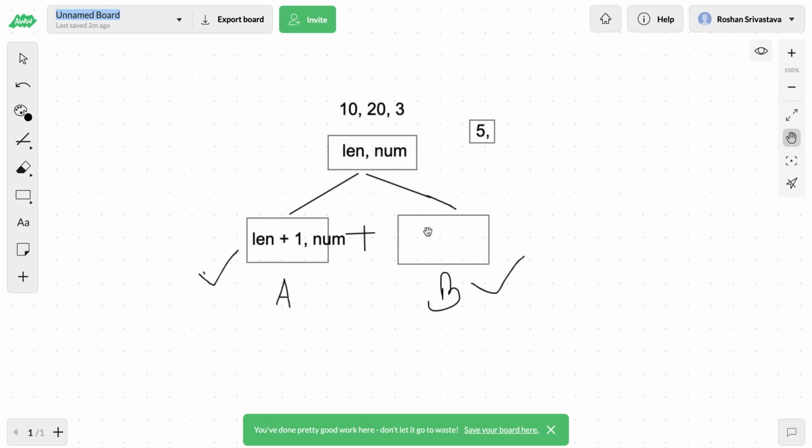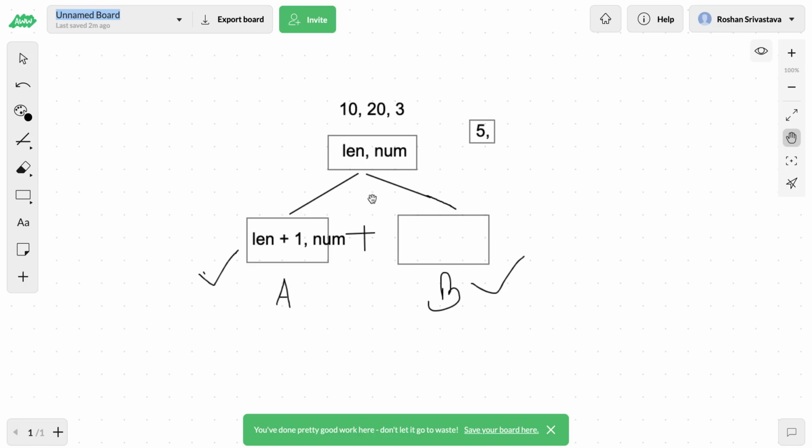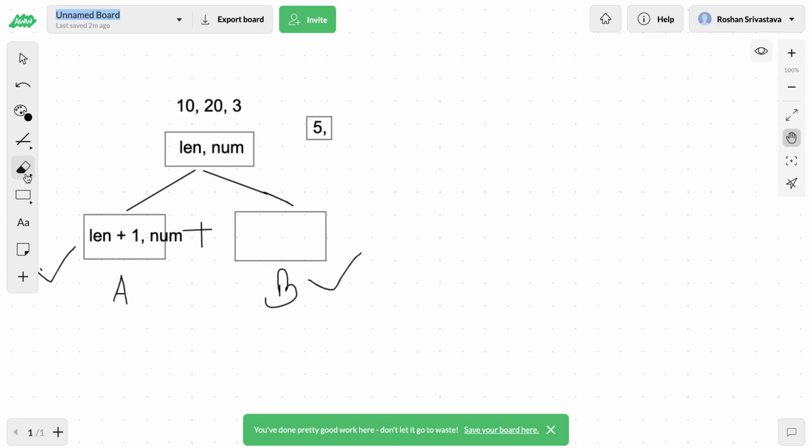We will talk about this one later, but there are certain constraints given to us. If you remember, it is said that a song can only be played again if k other songs have been played. So let's say we have used 5 songs. What are we left with?